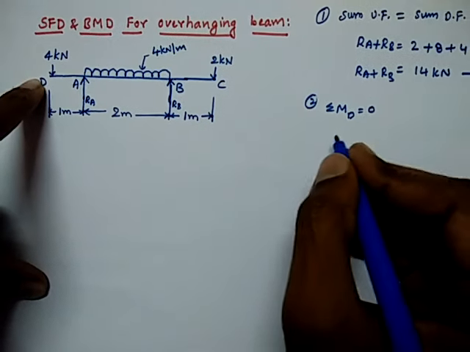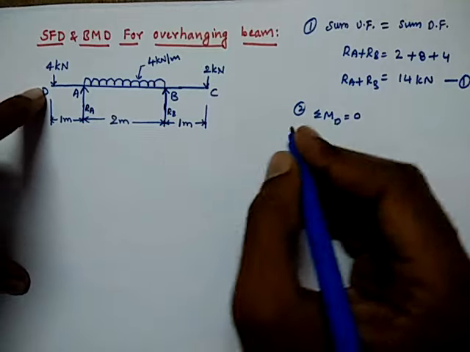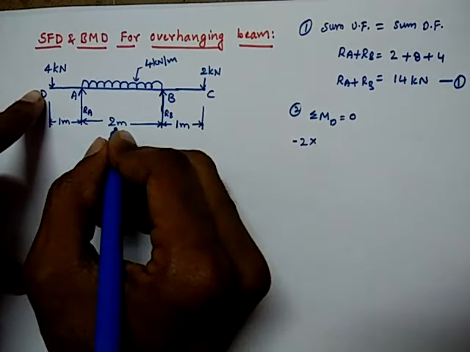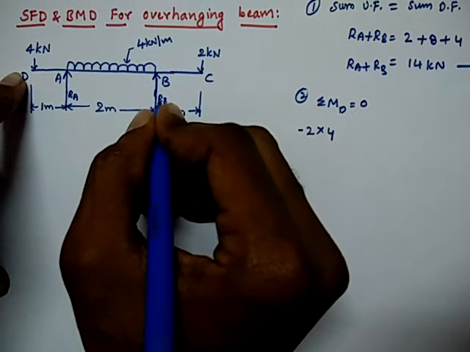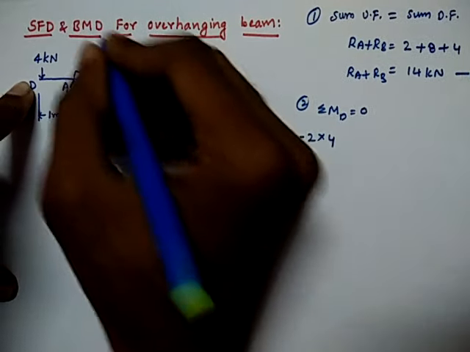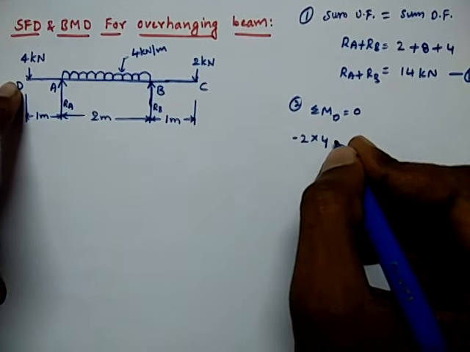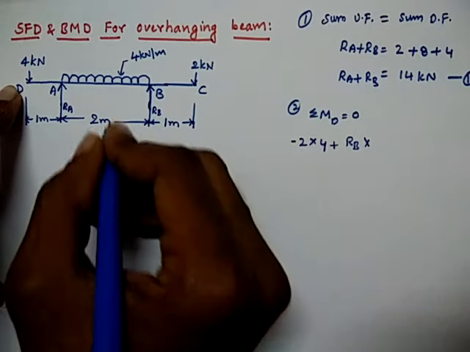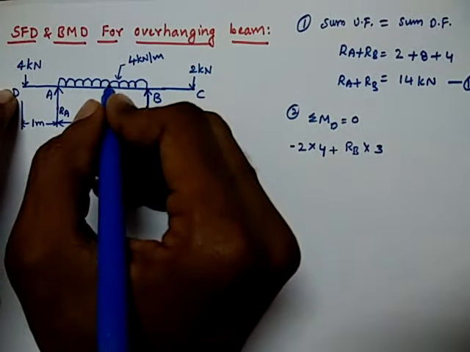So minus 2 into distance, 1 plus 2 is 3, plus 1 is 4. Next, RB is anti-clockwise, or sagging, so it is positive. Plus RB into distance, 2 plus 1 is 3.